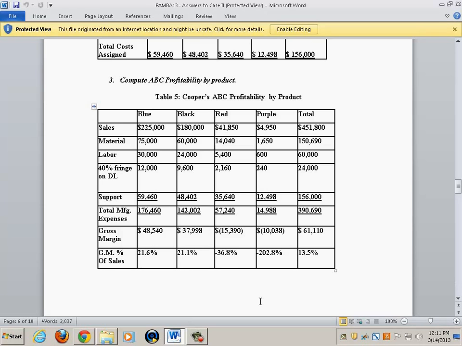For the ABC, right? 13 and a half. Well, that is margin, right? As a percent.